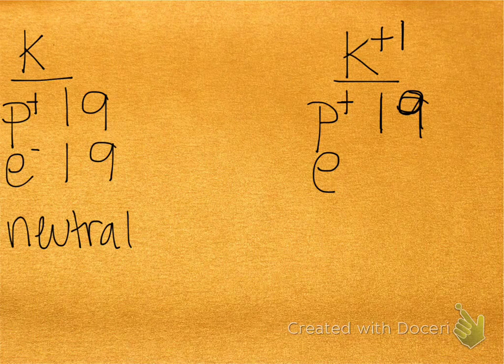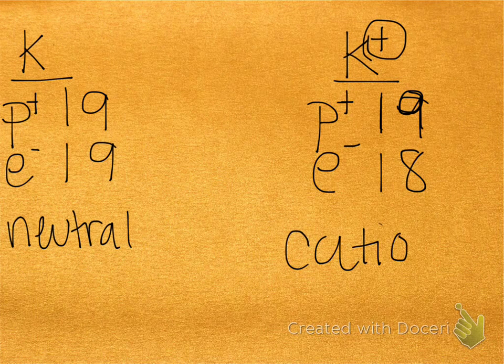So if it's just a plus or just a minus, it's the same thing as saying it's just +1, -1. So this is a +1 charge, which means that we have more positives. And how many more? 1 more, which means we have 18 electrons. So if this is a positive ion that comes from your charge here, that means that this is a cation.